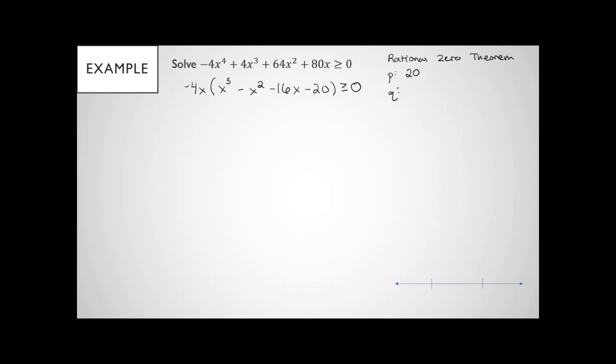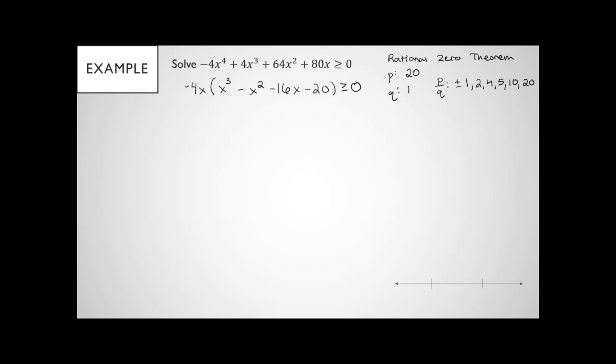Q is what's in front of the highest term, which is our x cubed, which is 1. So our factors of P over Q, we're just looking at 20 over 1, so just factors of 20.